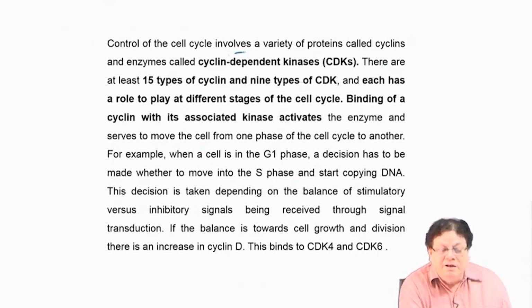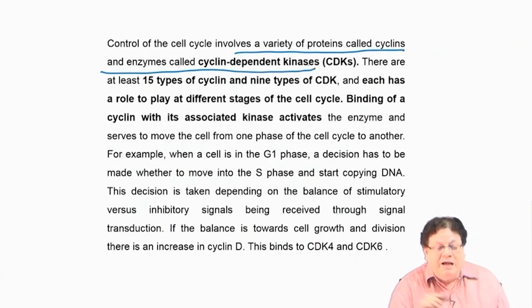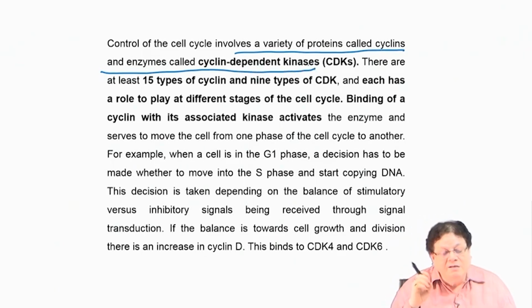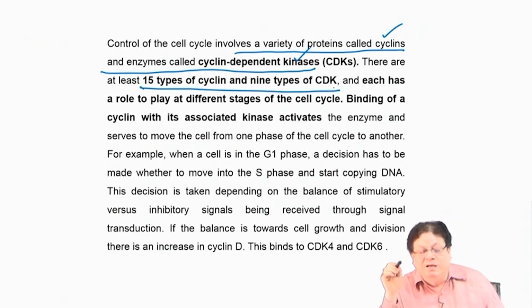Control of cell cycle involves a variety of proteins called cyclins and enzymes called cyclin dependent kinases. Basically both are proteins, but when they are bound with each other, then they can show the phosphorylation power. There are 15 types of cyclin, 9 types of CDK.